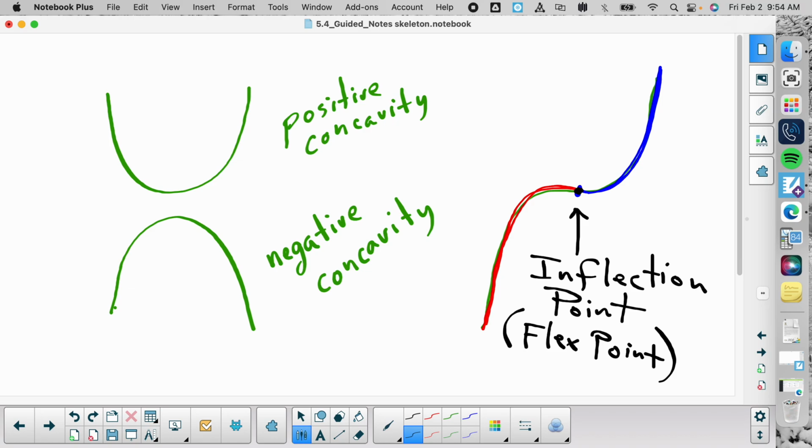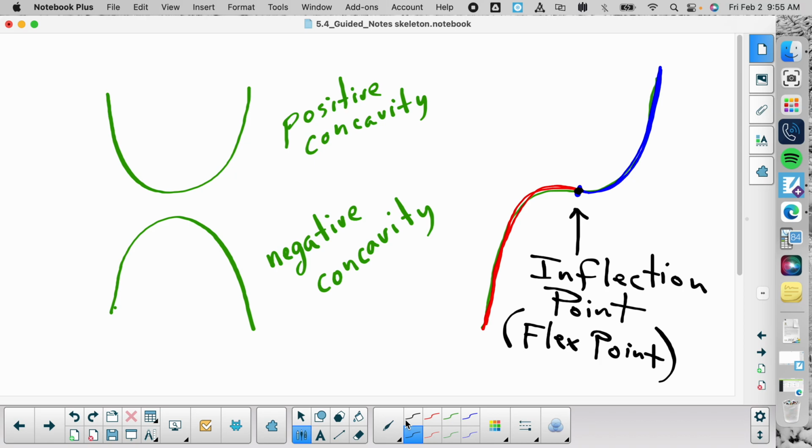That's what we're going to end up doing in the second derivative test. I wanted to show you this first, because that's basically what we're figuring out when we look at a second derivative test. We figure out where a graph is curving downwards or upwards.